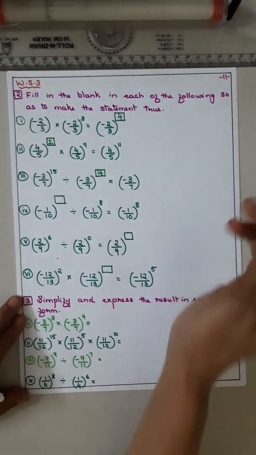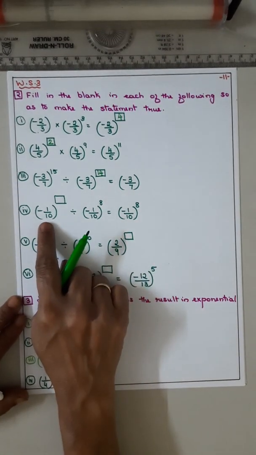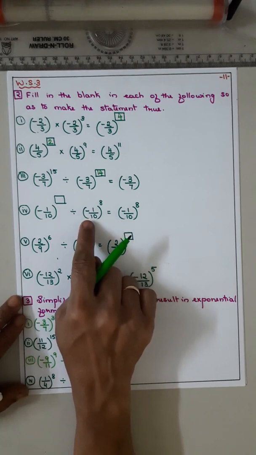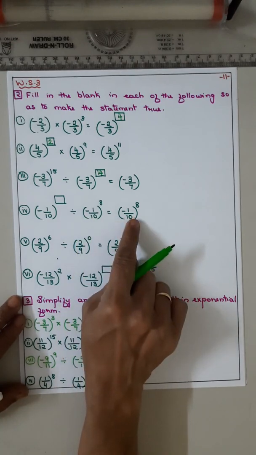Clear? Now (-1/10), bases (-1/10), (-1/10).